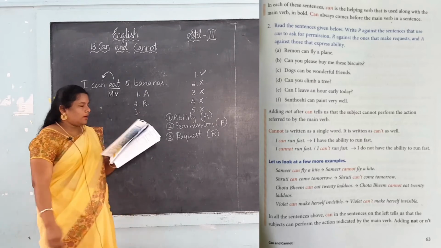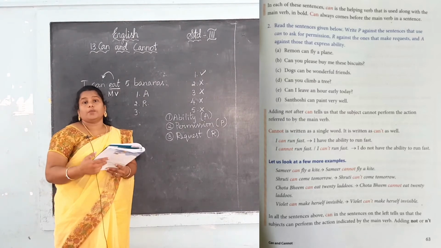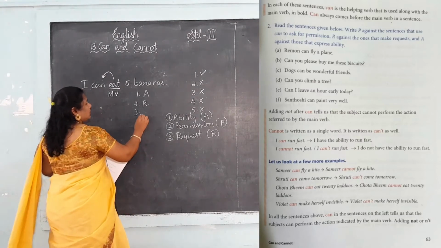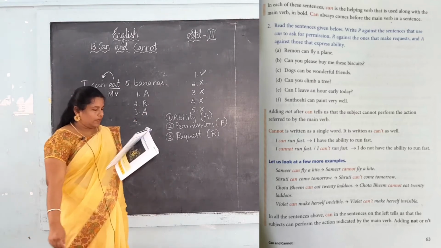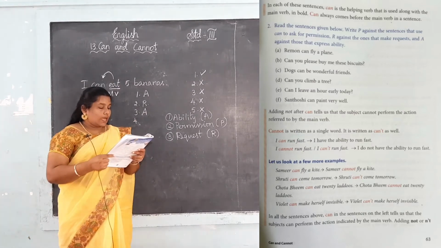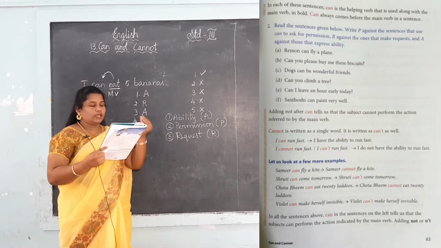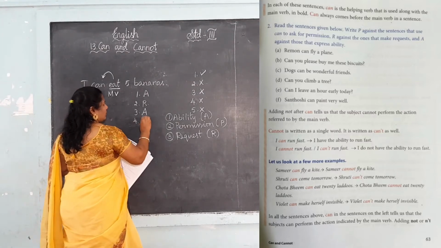Next, third one, dogs can be wonderful friends. Dogs வந்து எப்போவுமே என்னது? ஒரு நல்ல ஃப்ரெண்டாக இருக்கும். So it is ability. Yes, it is a good friend, right? Yes, so ability. Then, can you climb a tree? உன்னால இந்த ட்ரீ என்ன செய்ய முடியுமா? கிளைம் பண்ணி தர முடியுமா? So it is ability.